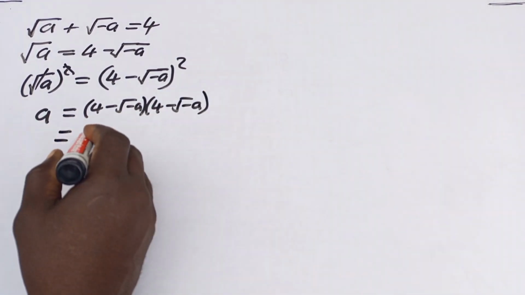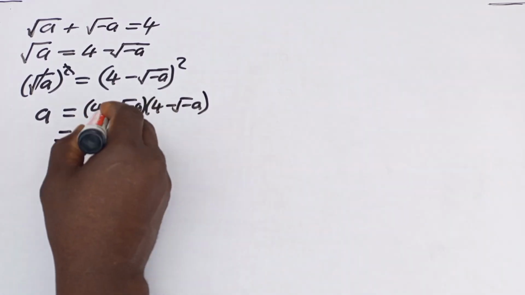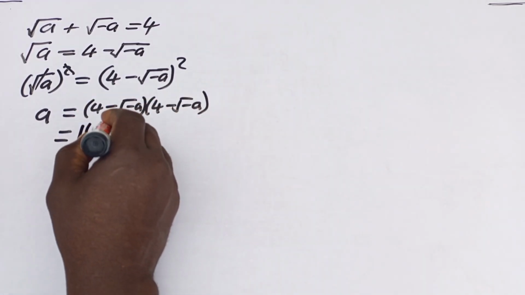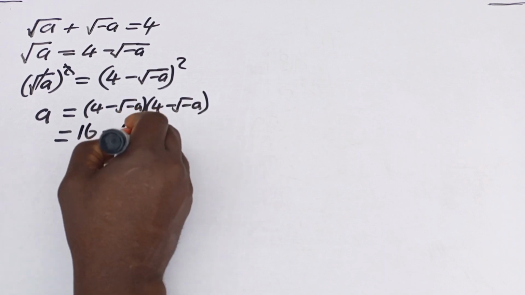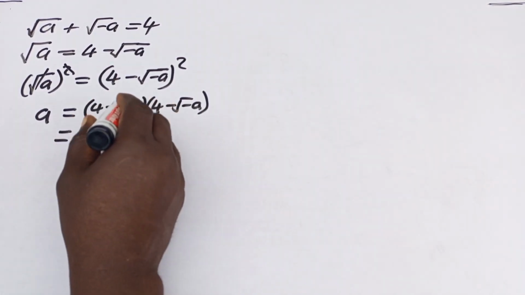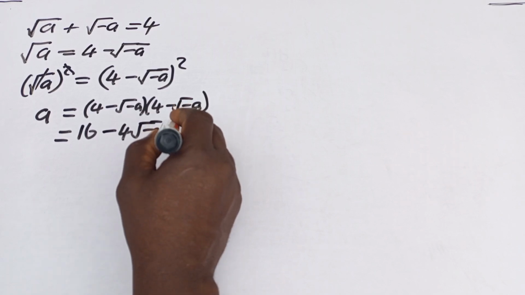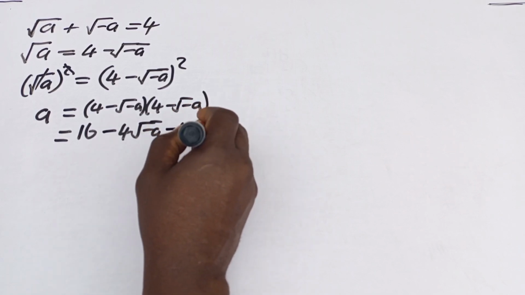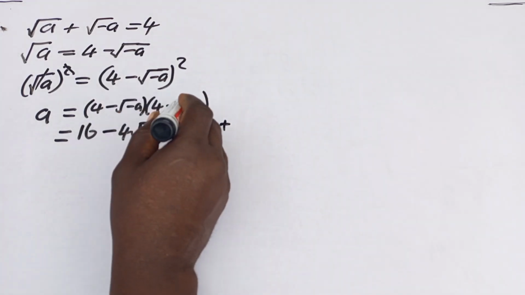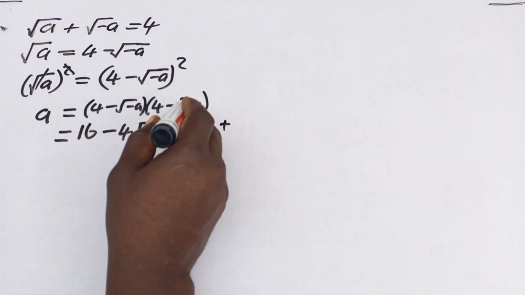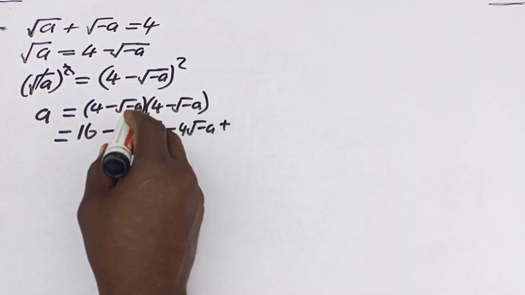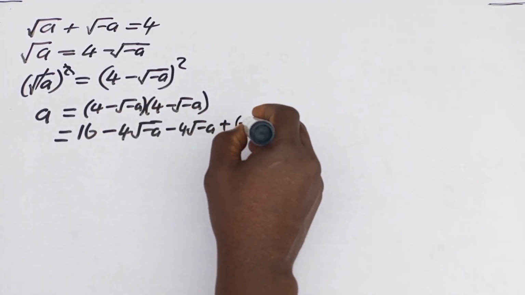So let's evaluate that. 4 multiplied by 4 is 16. 4 multiplied by negative root negative a is negative 4 root negative a. The same product here, negative 4 root negative a. And then root negative a multiplied by negative root negative a: the negative cancels to be positive, and we'll now have negative a.